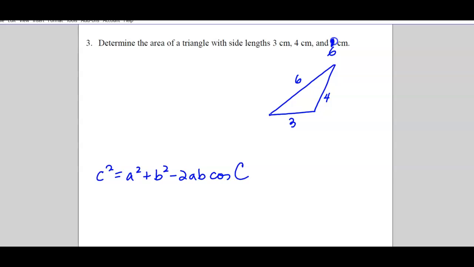Okay, and then whatever letters you use for your 2 sides with the contained angle. So if you use A and B, then it's minus 2 times 1 of each of them, 2 times AB, cosine of the angle opposite the side you're looking for. Okay, so you know the B, and you're trying to find the side opposite.